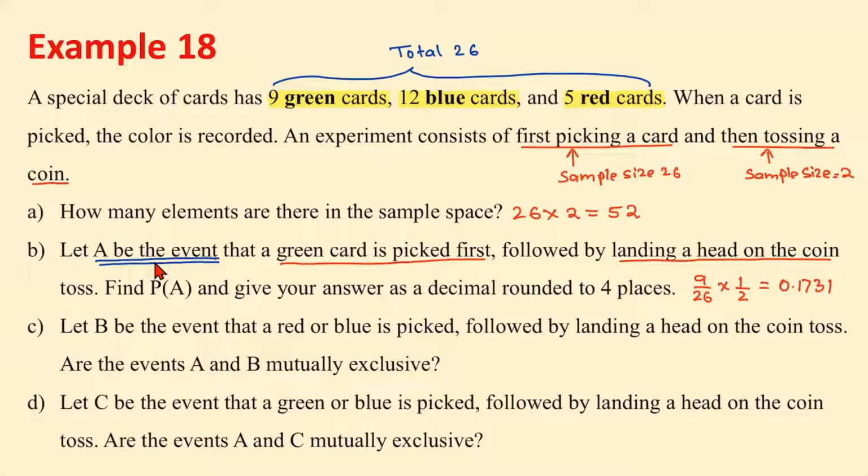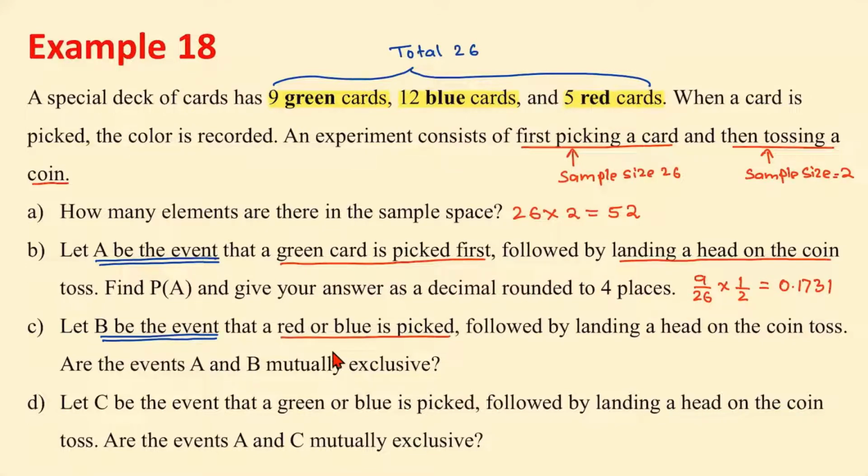That is event A. Now in part B, let B be the event. Like here, we are also defining the event B. In event B, let B be the event that red or blue is picked.